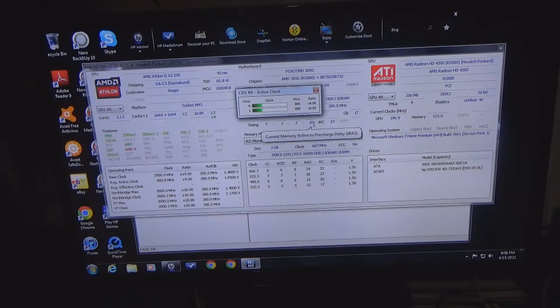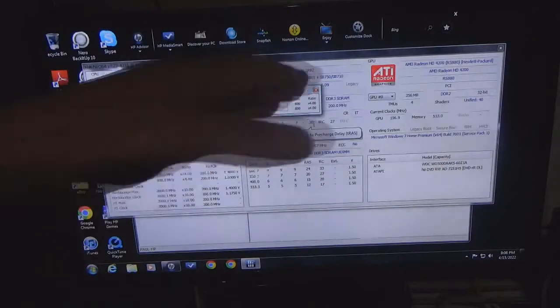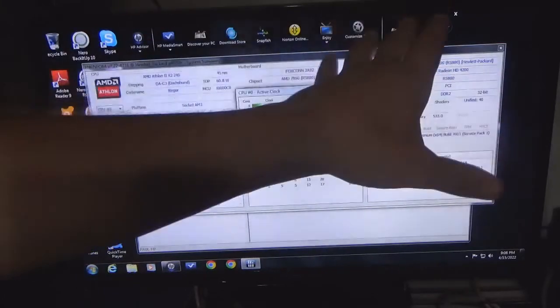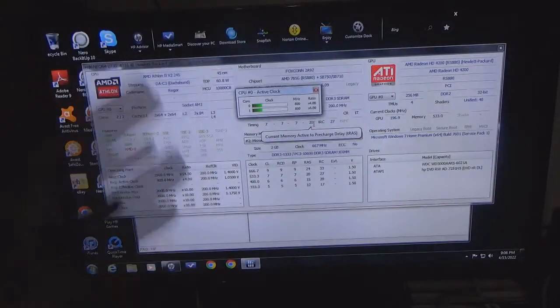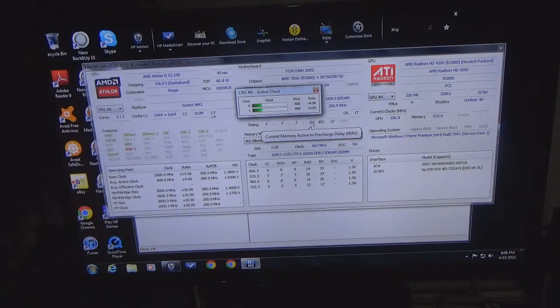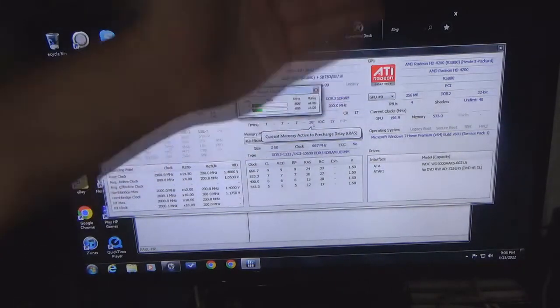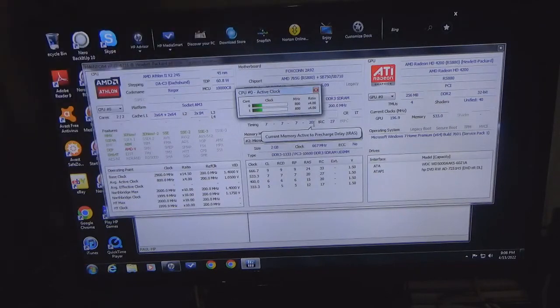Okay, so here's what we have over on the GPU side. We have an AMD. See how it says Hewlett Packard up there? That means that it is the factory card that is running. HP had to deal with ATI, that's why.